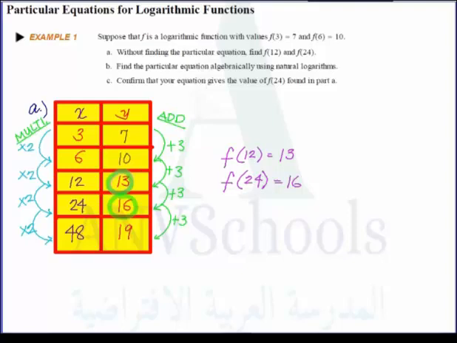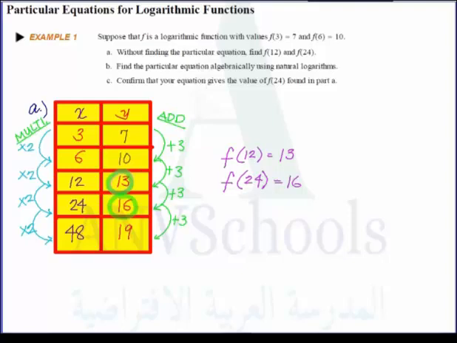Letter B, find the particular equation algebraically using natural logarithms. So we are going to use natural log to find the particular equation for this logarithmic function defined by x values 3 and 6 and y values 7 and 10. We have to stick to the original points given.